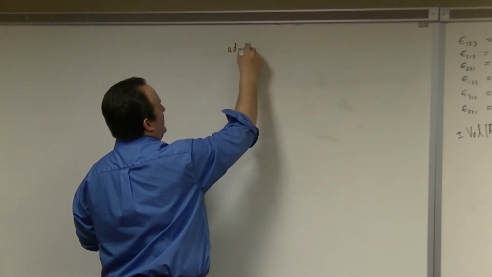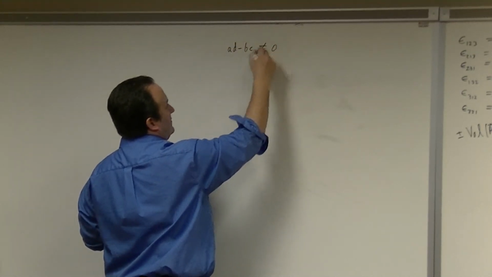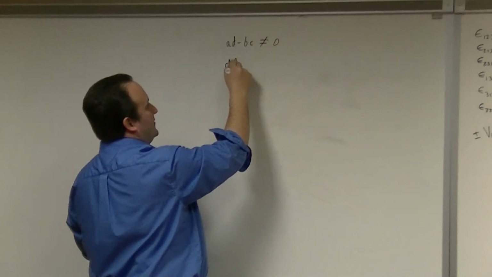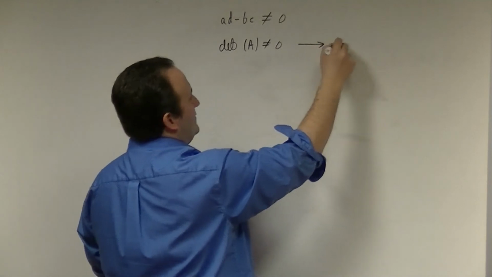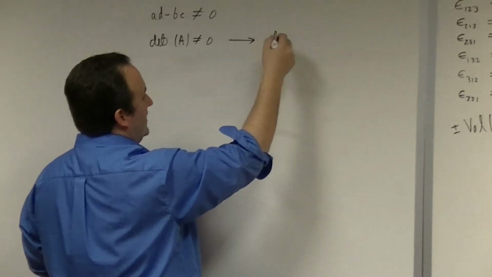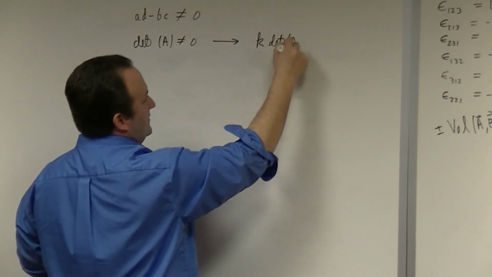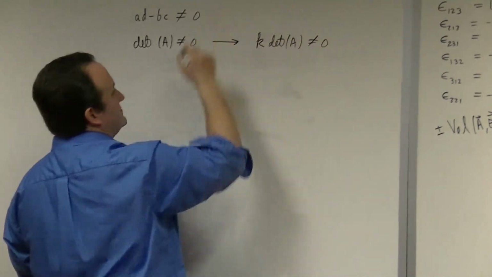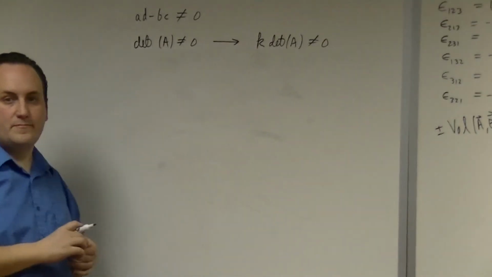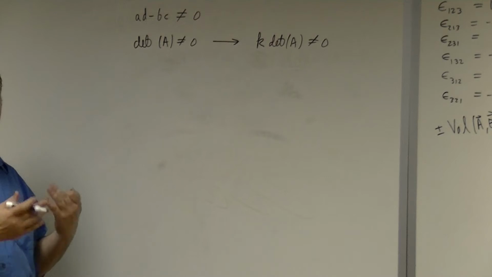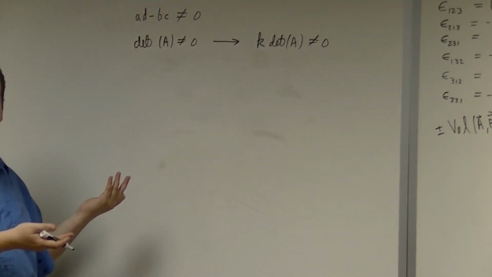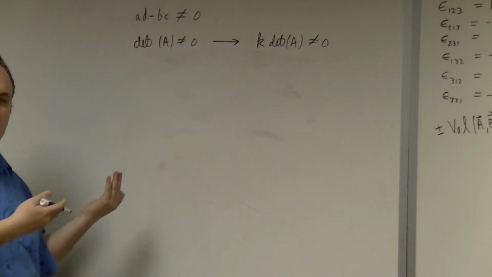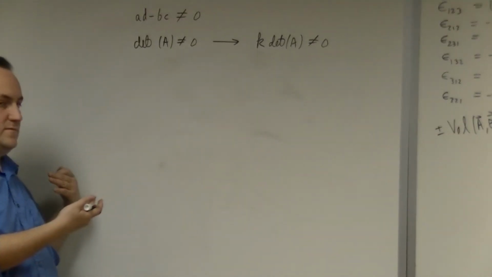If I have AD minus BC not equal to 0, or generally speaking, the determinant of A not equal to 0, then doesn't that also imply that any non-zero scalar k times the determinant of A is not equal to 0? So you can ask the question, why did I choose k equals 1, basically? What's the significance of k equals 1? What does that mean? And the answer is simply volume.